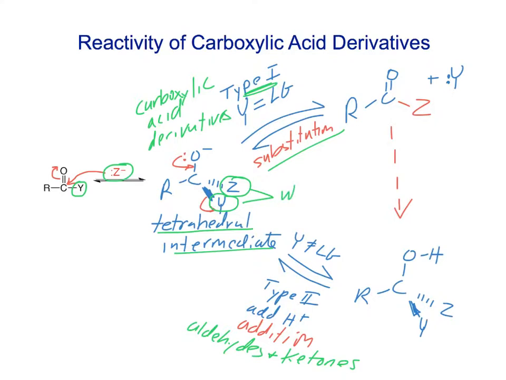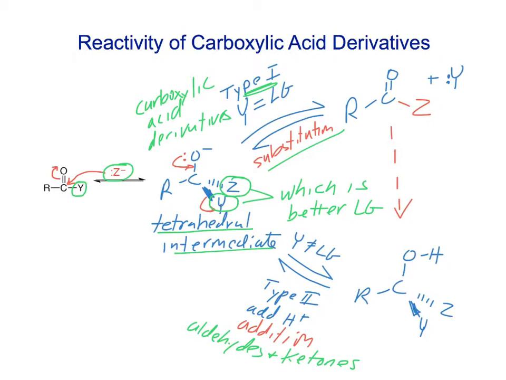So we have to always ask ourselves, which is the better leaving group? If Y is a better leaving group than Z, then the reaction will go forward. If Z turns out to be a better leaving group than Y, then the reaction is just going to stay on the reactant side. It's not going to go to products.